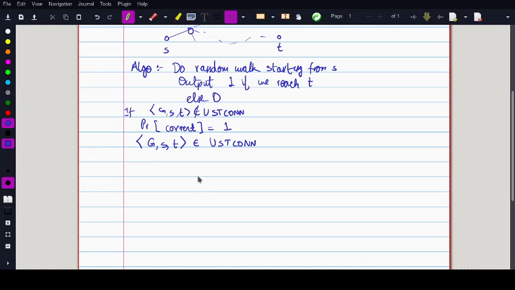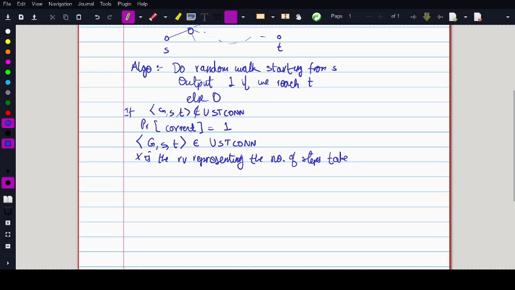Let's say X is the random variable representing the number of steps the random walk takes to get to T. So it represents the number of steps taken to reach T.